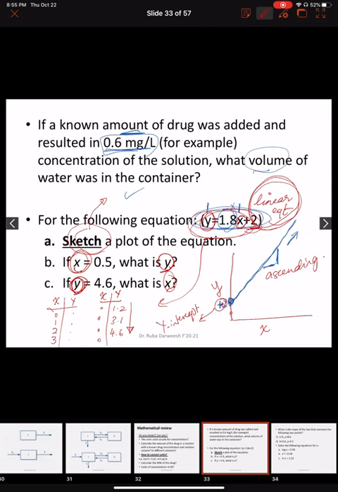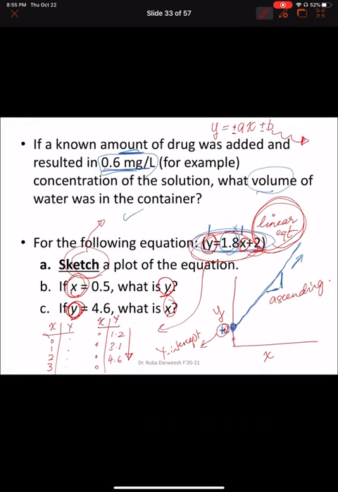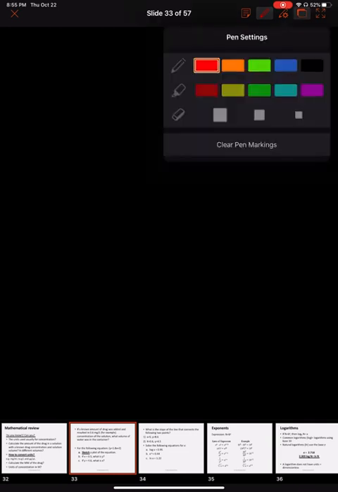But if you know the terms of it, which is y equal ax plus or minus b, let me just write it in a larger screen. Let's keep it red. So again, we have y equal plus or minus a multiplied by x plus or minus b, right?